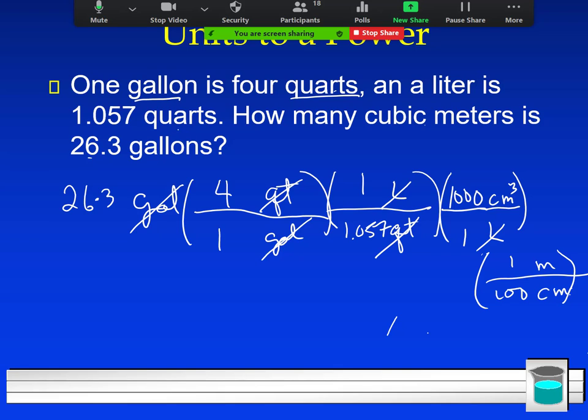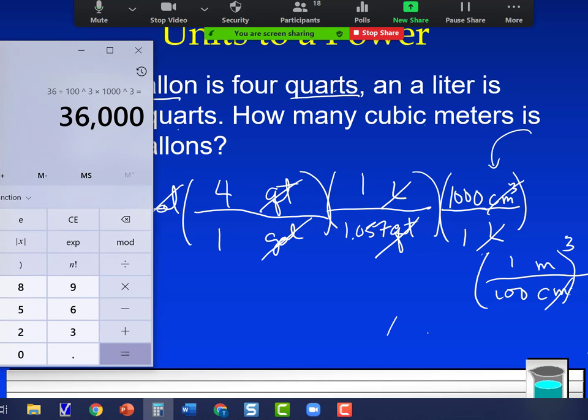Now this time, the cube goes on the outside. Up here it went on the inside because 1 liter is 1,000 cubic centimeters. Here I'm going from centimeters to meters, and I have to cube that change. So this cubed gets typed in your calculator, that one doesn't. So I've got the right units, so that means I probably set it up right. So now all I have to do is push some buttons.